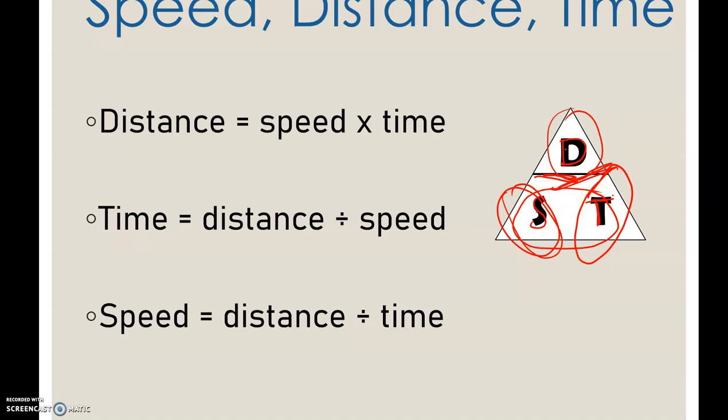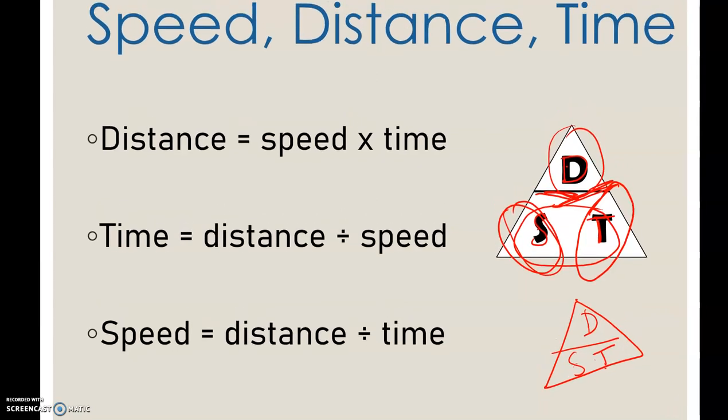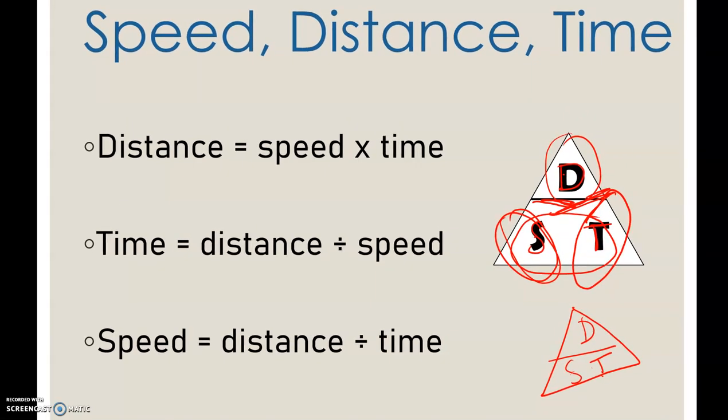That's a bit messy, but I hope you can see how that works. So basically, time is distance over speed, speed is distance over time, and then distance is speed multiplied by time. So that might help you visualize it and remember what you have to do when you have to use these formulas.